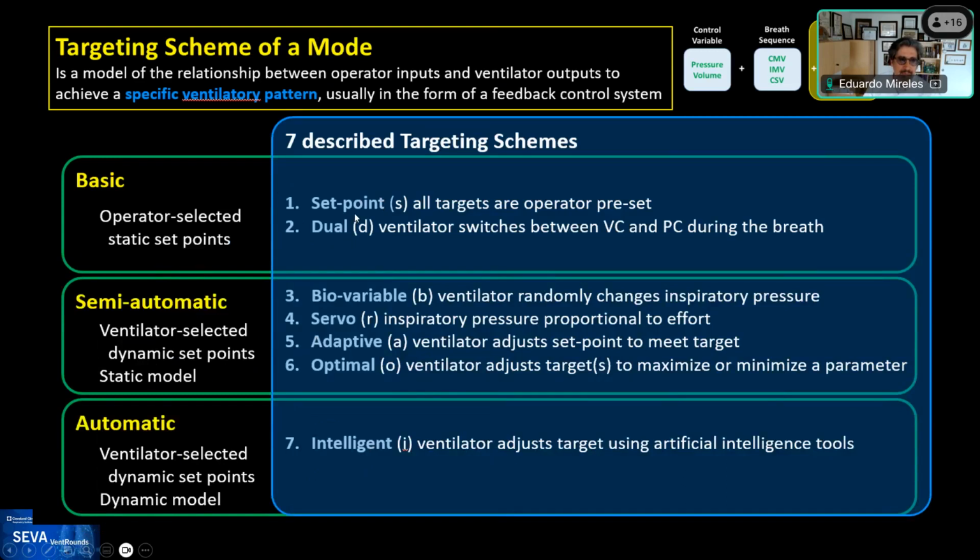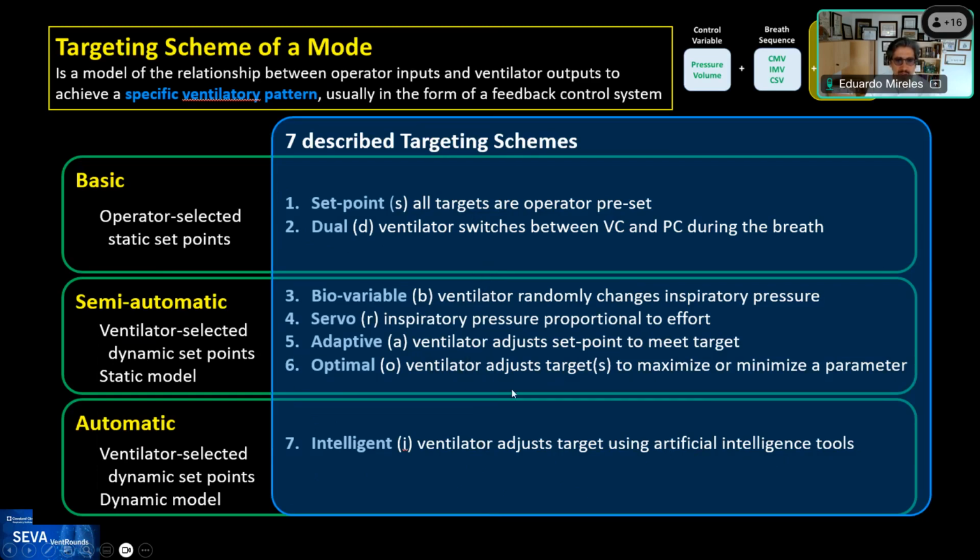And essentially, they go from very basic, for example, set point, which is where you set all the parameters, to very advanced, where the ventilator sets all the parameters of ventilation just using artificial intelligence. And they go through this escalation as you can see.